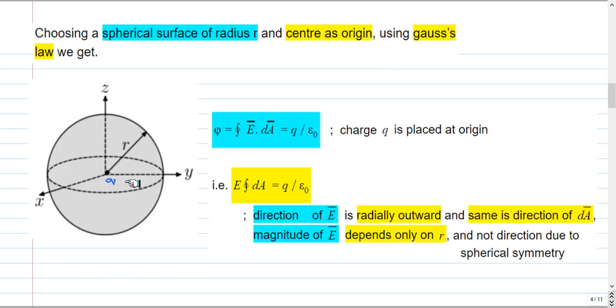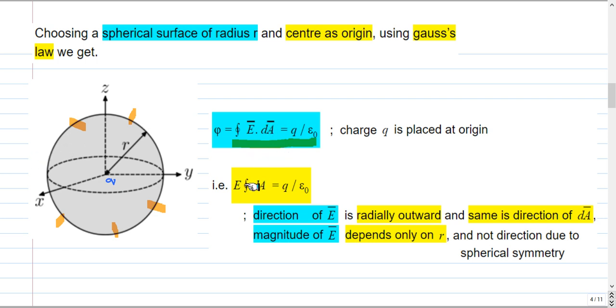The charge is present at the origin and the Gaussian surface is a spherical surface whose center coincides with the origin. So according to Gauss's law, the flux integral E dot dA is the charge present inside, that is q by epsilon naught. The magnitude of the electric field is the same at all points on the surface because they are at the same distance r from the center, and the direction is radially outward.